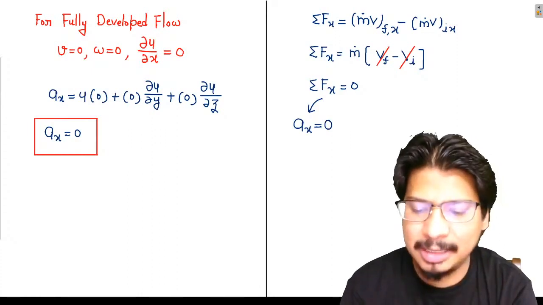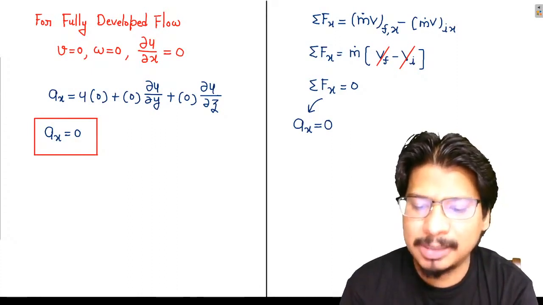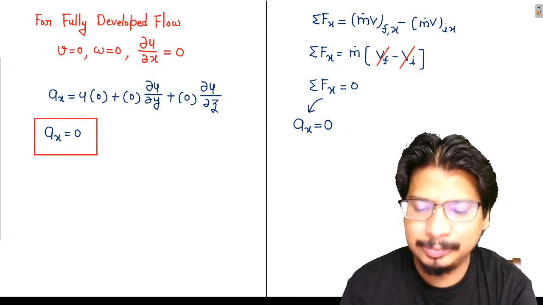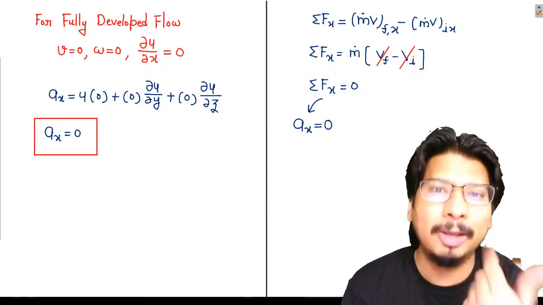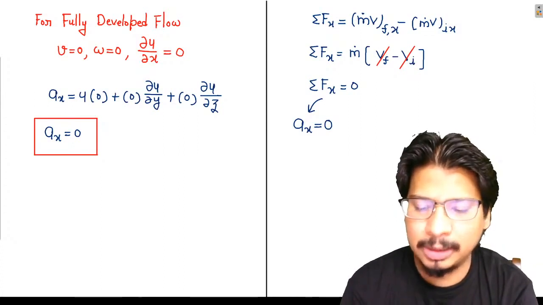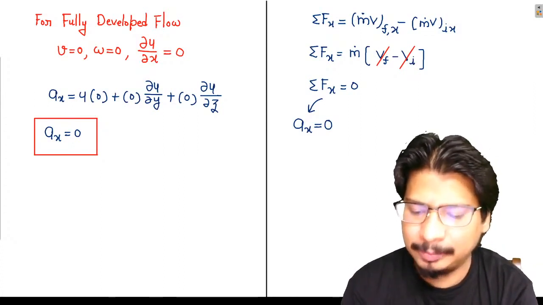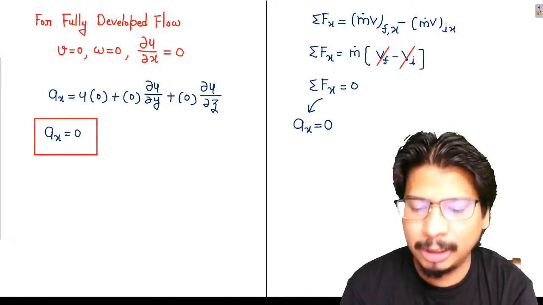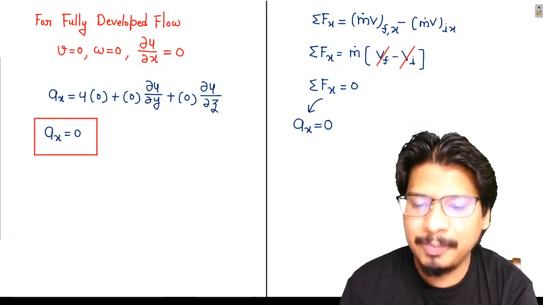The velocity profile remains the same, so 100% velocity will not change. Average velocity will not change. Pressure will decrease, beta. Whatever losses we are getting, because of that pressure is decreasing. Velocity will not change. Pressure will decrease.